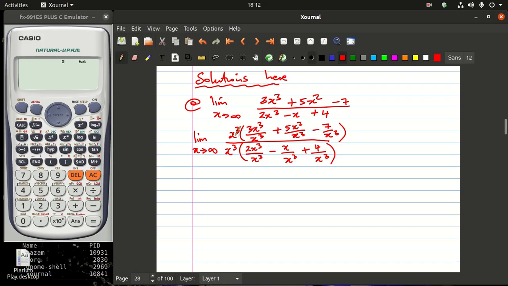And of course this x cubed and x cubed, they cancel out, and now we're left with the limit as x approaches infinity of this one is gone, x cubed and x cubed are gone, and now you have 3 plus 5 divided, so I have x squared, so I'm gonna take x squared out and we'll be left with 5.